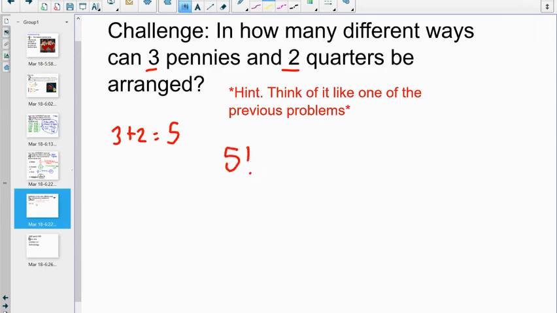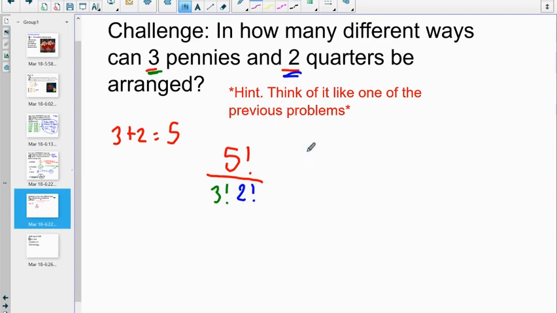So we have 5 factorial in the numerator. Now we'll think of our repeats. Well, we have 3 pennies, so we have 3 factorial because there's 3 of those. And we have two identical quarters, so times 2 factorial.